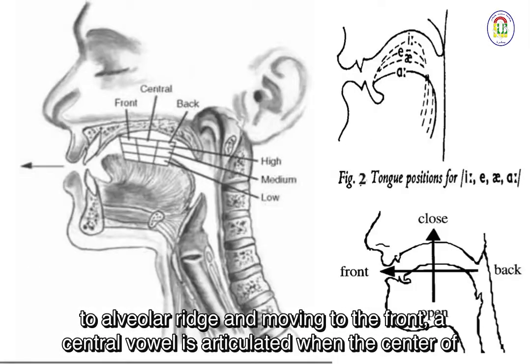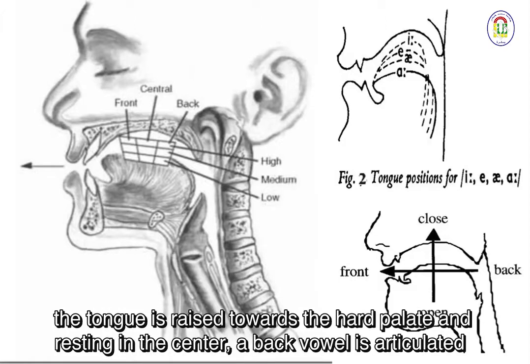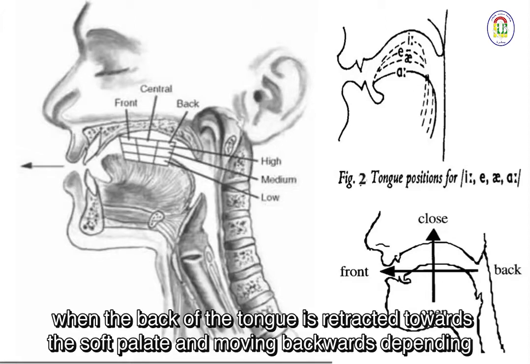A central vowel is articulated when the center of the tongue is raised towards the hard palate and resting in the center. A back vowel is articulated when the back of the tongue is retracted towards the soft palate and moving backwards.